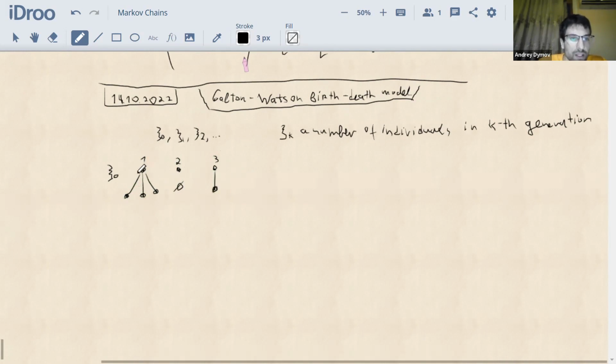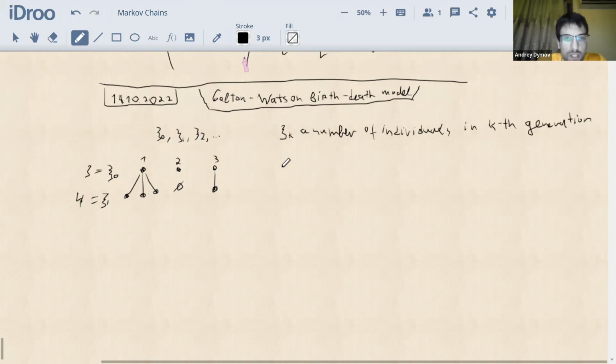And these guys, they die. So in the next generation, you have 4 individuals. I will call it the first generation, because I start from the 0th generation, as usual in Markov chains, and so on. Then you are interested in the behavior of this random process.